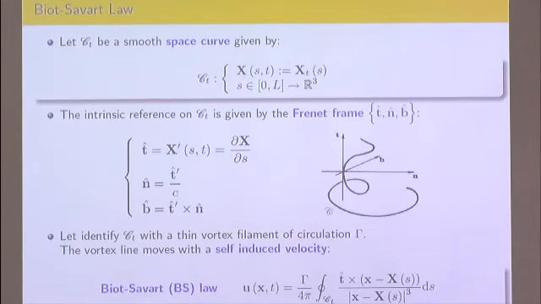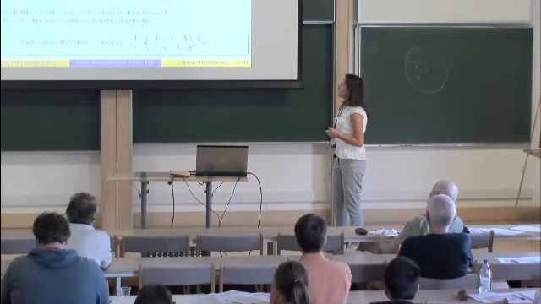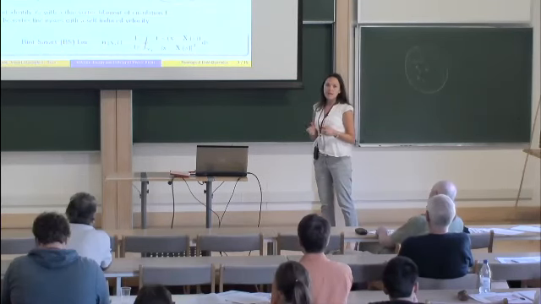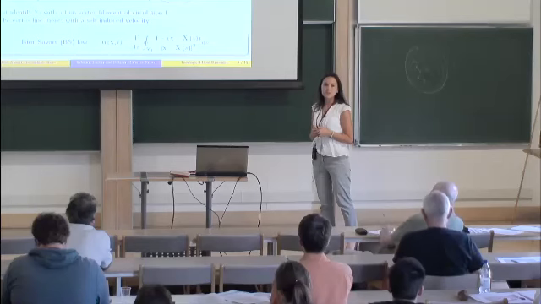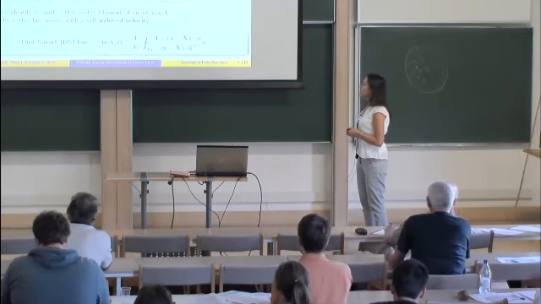The geometry of this curve will be represented by the Frenet frame, described by a tangent, normal, and binormal vector at each point along the curve. And we will identify our vortex filament with the filament axis of constant circulation gamma.